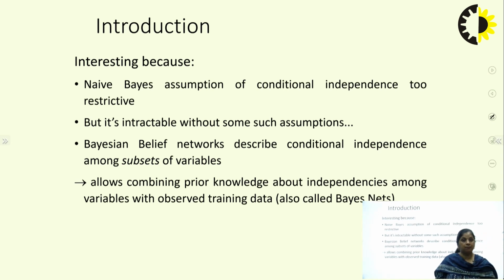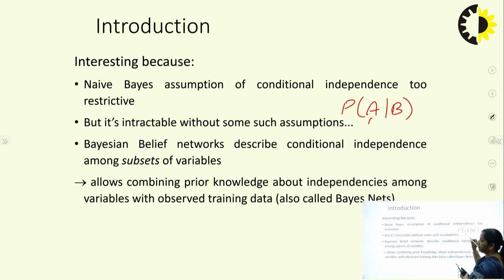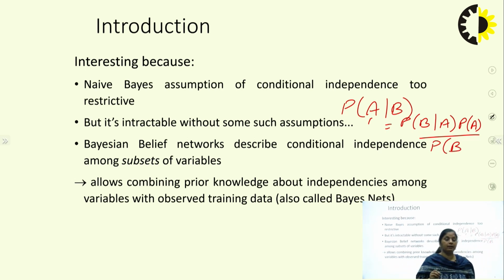The probability of A when B has happened is defined by the conditional probability theorem. It says that if we have to calculate the probability of A when an event B has already occurred, that depends on the probability of B when A has happened, times the probability of A, divided by the probability of B. This is the formula for conditional probability calculation. Here we calculate it as the posterior probability, when we have some experience.